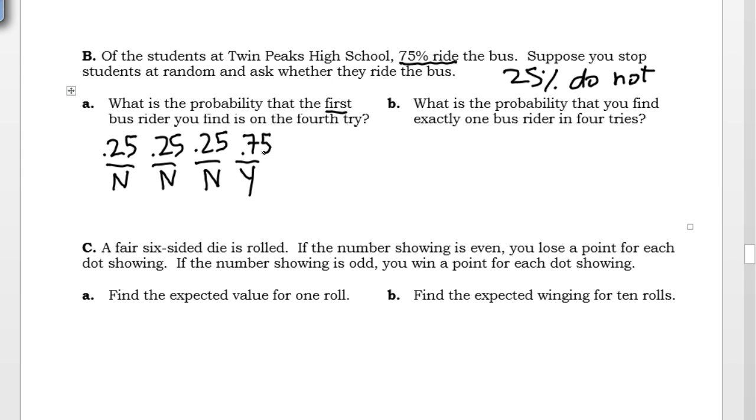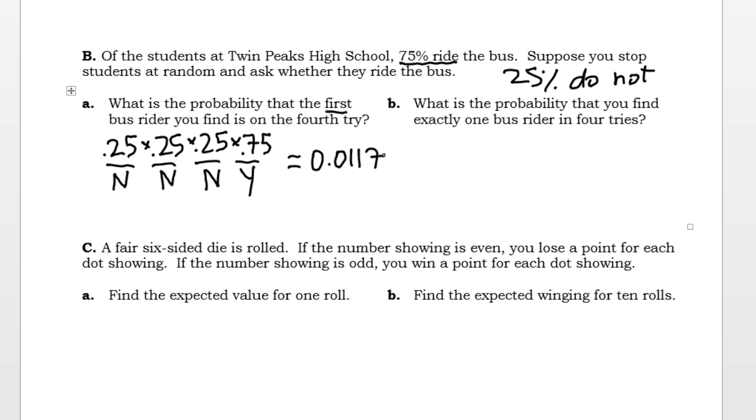And as we discussed in a previous lesson, to find the probability of this and that and that and that, we multiply them all together. So we have 0.25 times 0.25 times 0.25 times 0.75. And I get 0.0117, less than a 1% chance.